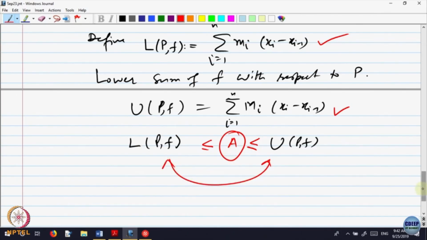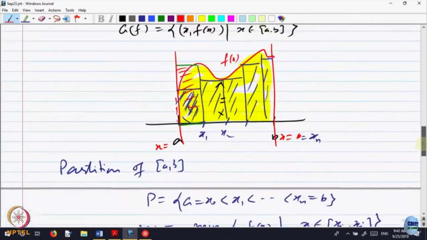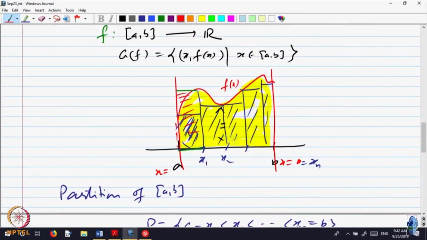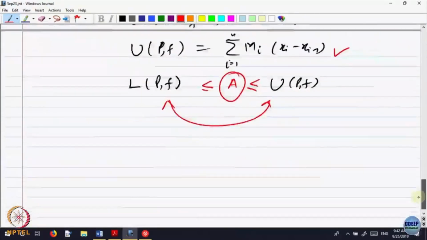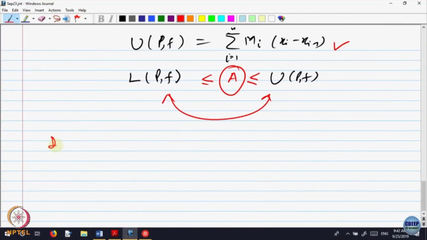Now the idea is that we fit in these rectangles in such a way that the difference between the upper and the lower becomes smaller and smaller, so that we actually capture the required area. So to do that, let us write the notion of refinement.